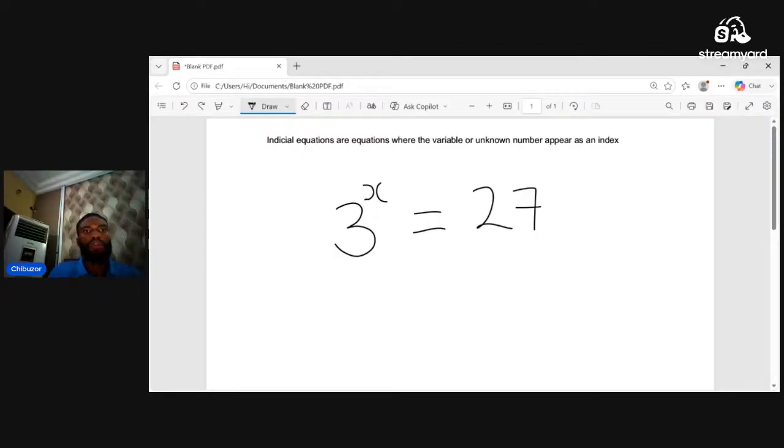So for type 1 of exponential equations, you simply have to match the base of the equation. This is one example, number 1. 3 raised to power x is equal to 27. Find x.